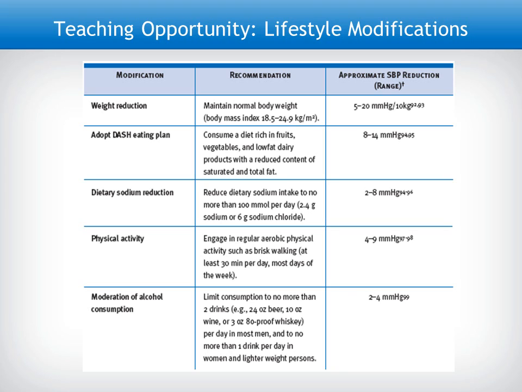DASH diet, we've all learned about that in nursing school. Dietary modifications to treat hypertension. So the diet is rich in fruits, vegetables, low-fat dairy products, and a reduced amount of saturated and total fat, and that will decrease the blood pressure anywhere from 8 to 14 millimeters of mercury.